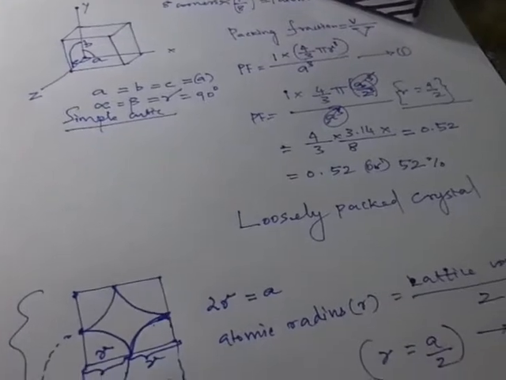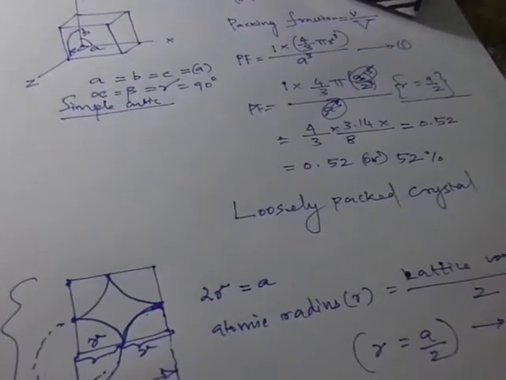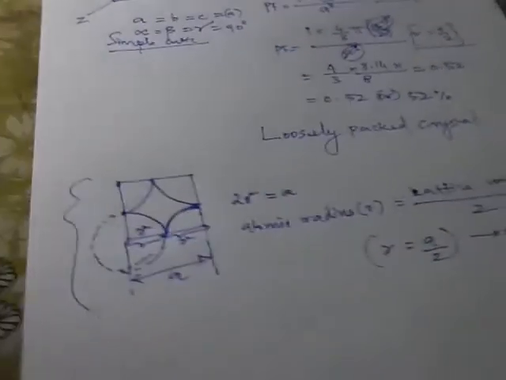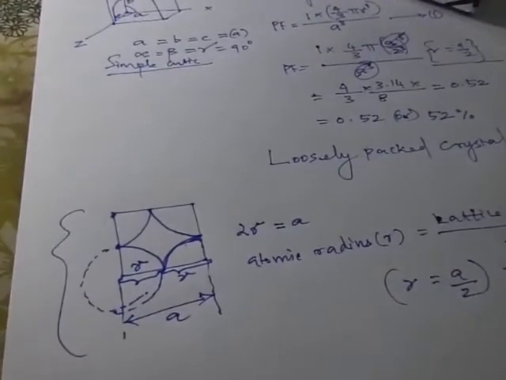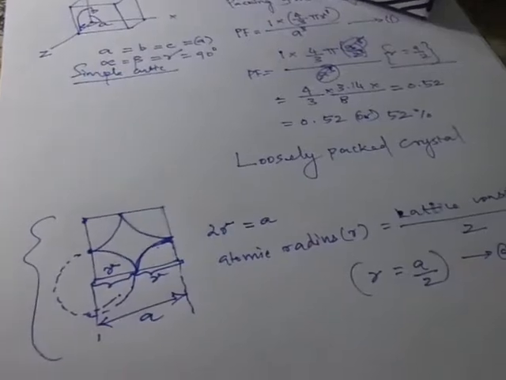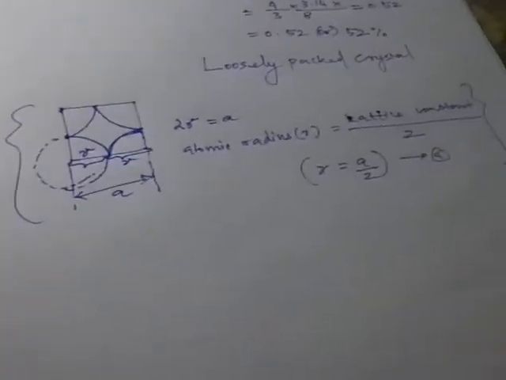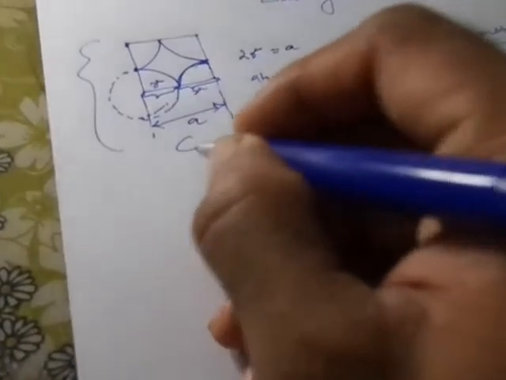That means only 52% is packed and remaining 48% is vacant. Well, so this is about simple cubic. Let's see one more detail about simple cubic, the coordination number.